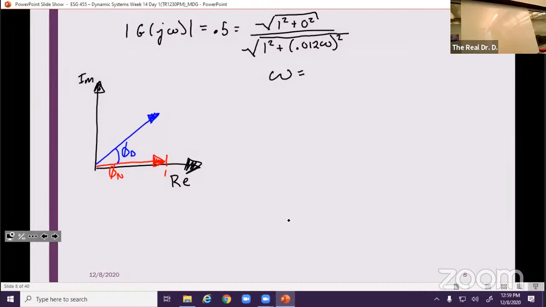All right, Noah said he got the same. Sean said that he got it. And you know what, guys? It's 144.33 radians per second.